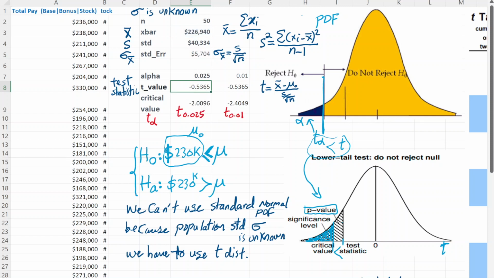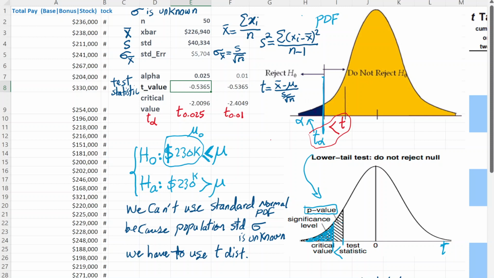Is the T value basically the value we have here? I'm going to use red color. So this one is the T value, and this blue one is T alpha. So the T value, or test statistic, is definitely greater than T alpha. So we are safe for both cases. As you can see, the hypothesis test is in good shape.